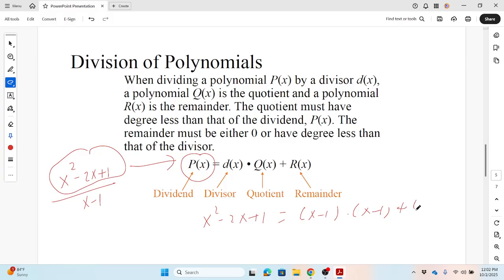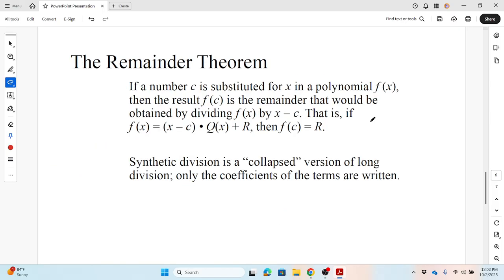In our case, 0 is the remainder. That's how we write it. So according to the remainder theorem, if c is substituted for x in the polynomial f of x, if you put x equals c, then the remainder would be equal to f of c.